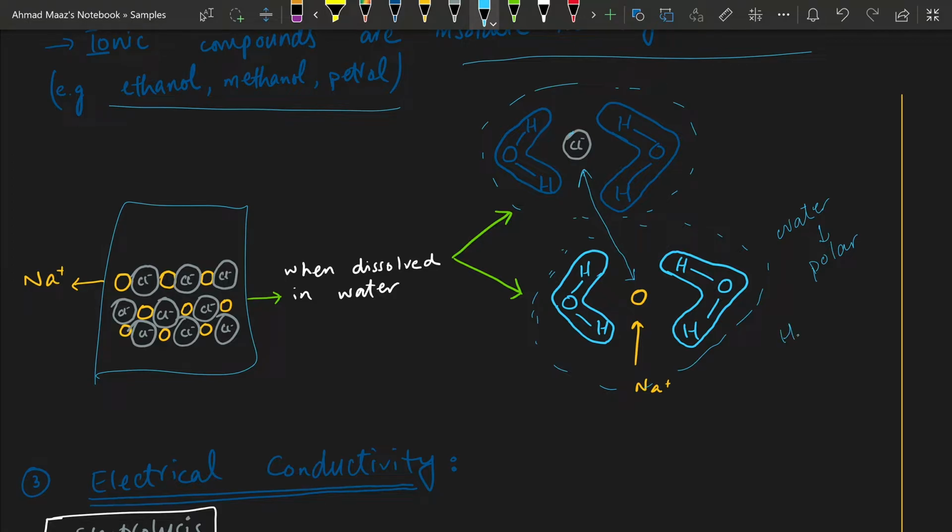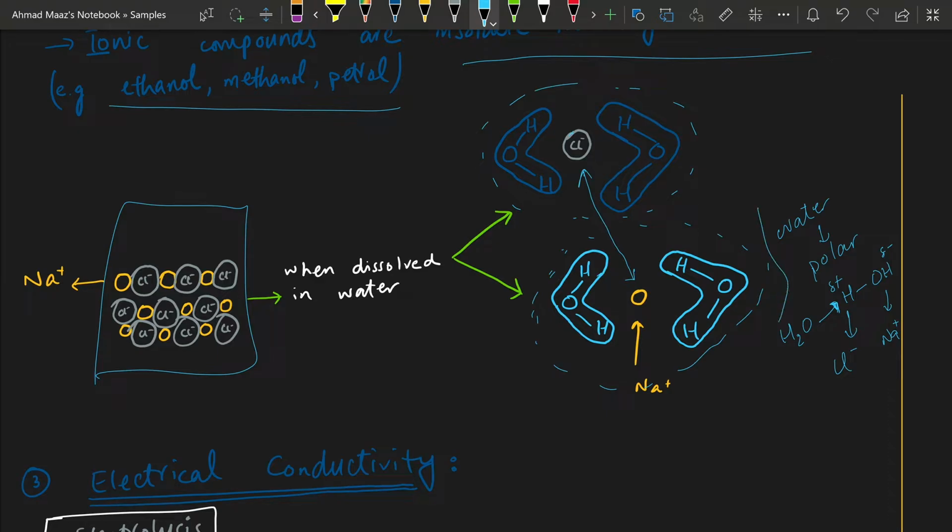The water H2O can align itself into hydrogen and hydroxide parts. Hydrogen has a partial positive charge and hydroxide has a partial negative charge. So this hydrogen can surround the negative chloride ions, and this hydroxide can surround the sodium ions.